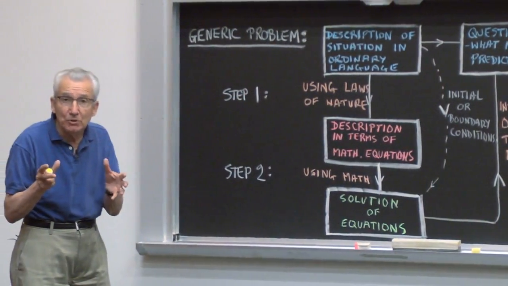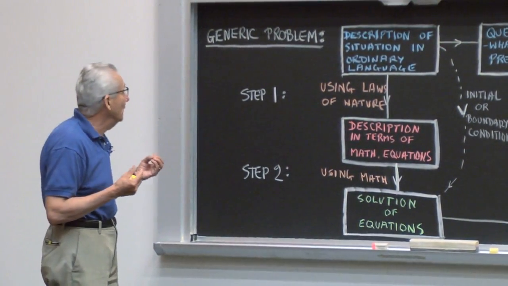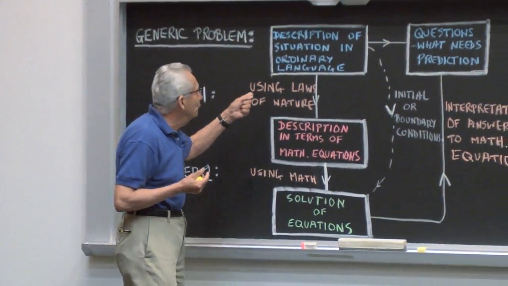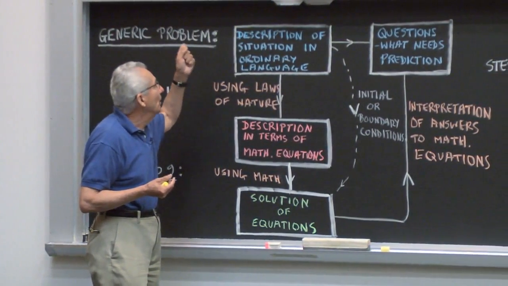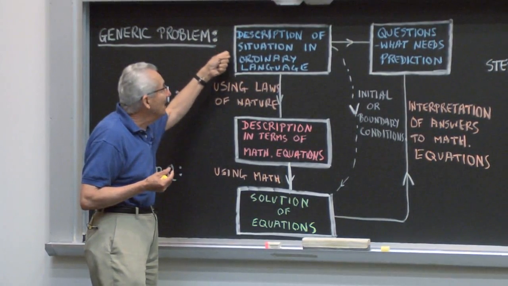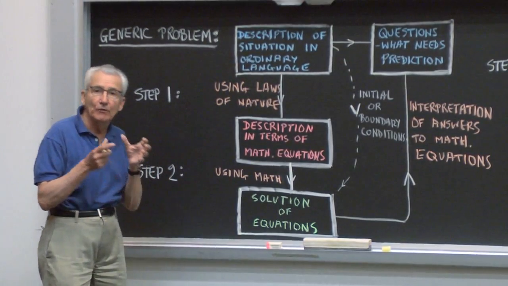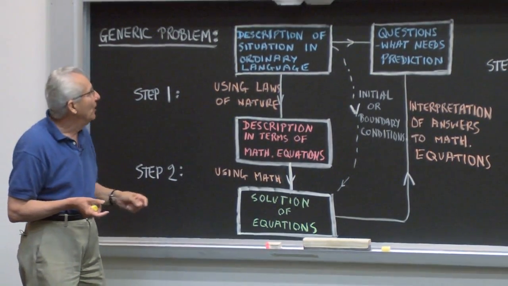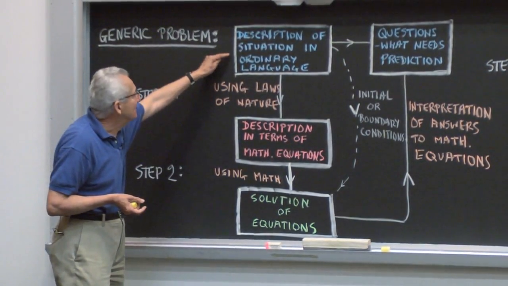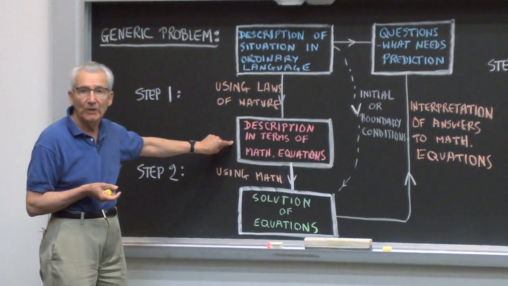What problem solving is, using the scientific method, is the following. The first thing we have to do is, by studying the situation and using the laws of nature, describing the physical situation in terms of mathematical equations.